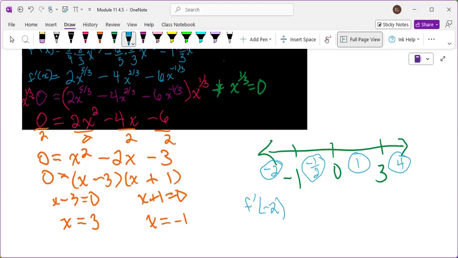Sorry, my calculator's being stupid. So I'm having to do a hack. So it's negative.